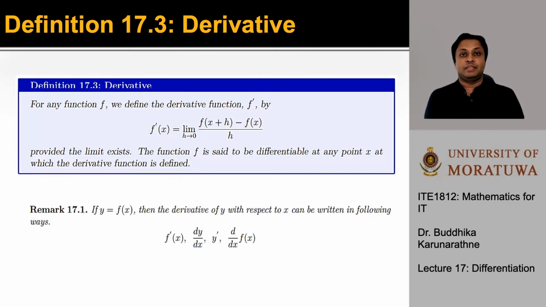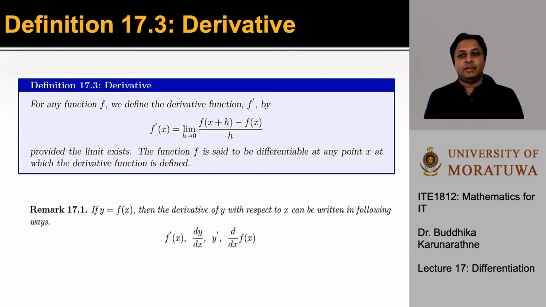The change of x is very, very small, which is why we investigate what happens to this rate when h reaches 0. It is defined provided that the limit exists. The function f is said to be differentiable at any point x at which the derivative is defined.